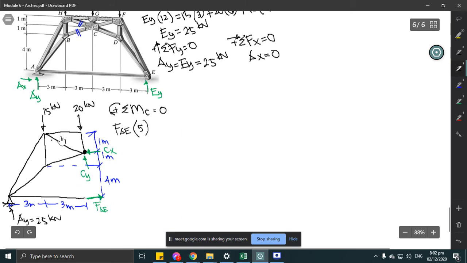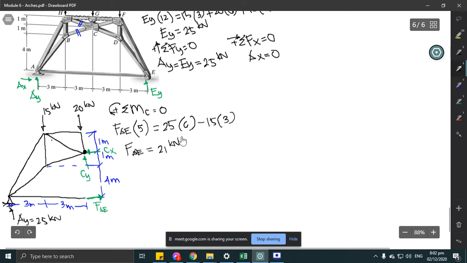This one is also clockwise, so 25 times 6, positive on the other side, and then minus 15 multiplied by the distance of 3. So the force in member AE is equal to 21 kilonewton.